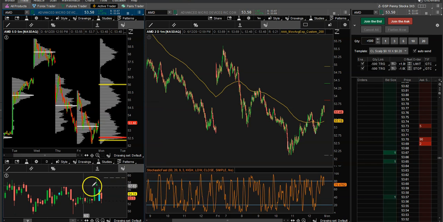Then on the daily level, maybe we come up here. What's 55 on the daily? Oh, look, next week it's right at the body of where we opened and all that. So there are multiple ways to trade this chart.